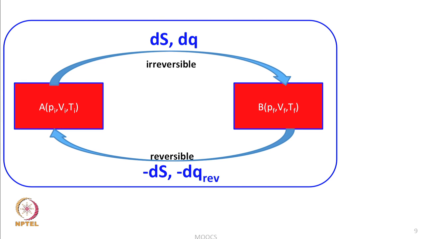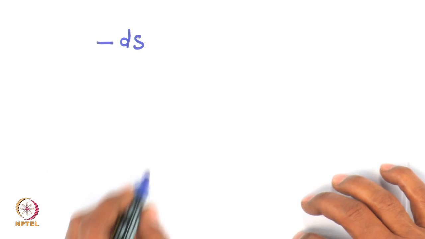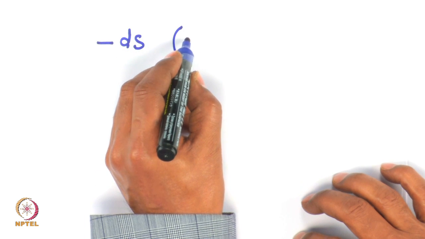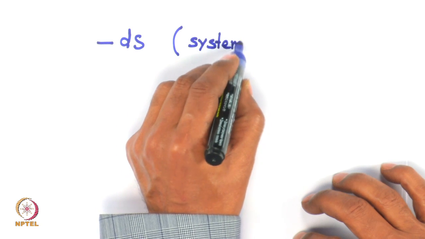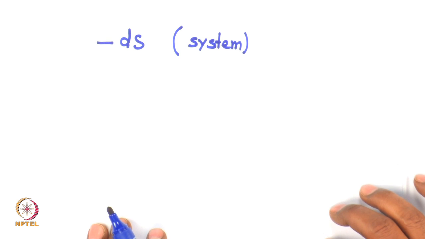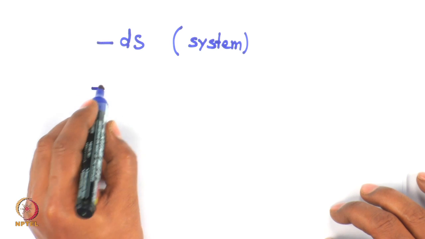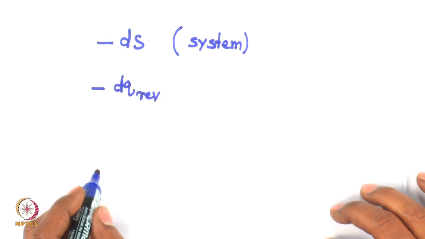Entropy change in the system is minus ds. That is the entropy change in the system. How much is the heat change? Minus dq reversible.